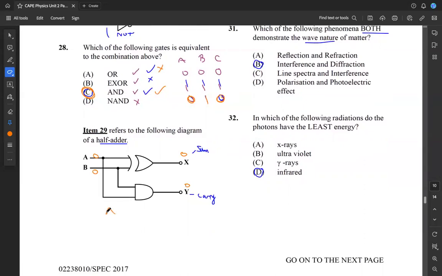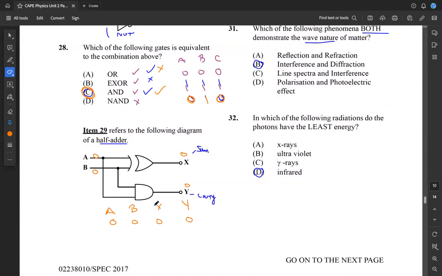We have our A, we have our B. So these are our inputs 0, 0. The sum of those is at X, coming from the OR gate. And then at the Y, which is coming from the AND gate, we have our carry, whatever we carry over. So 0, 0.